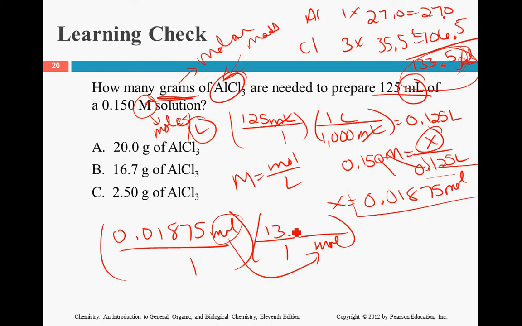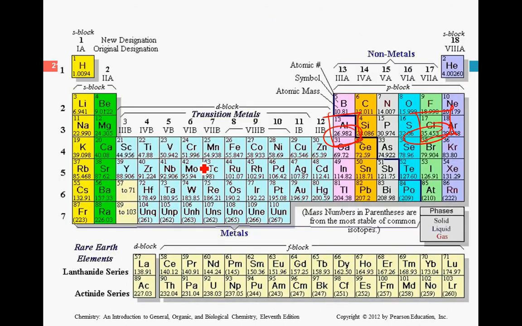And then 133.5, the molar mass itself, goes on the other side of the division line. So 0.01875 times 133.5 is 2.50 grams. That was a rather long question, so I hope you were able to follow that one. And that's the end of the concentration section.